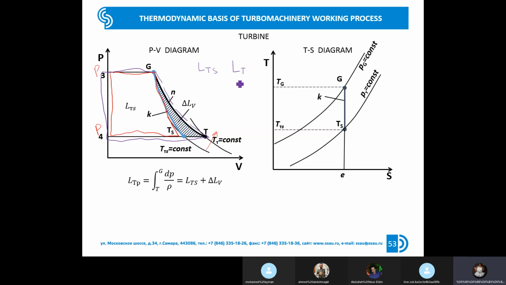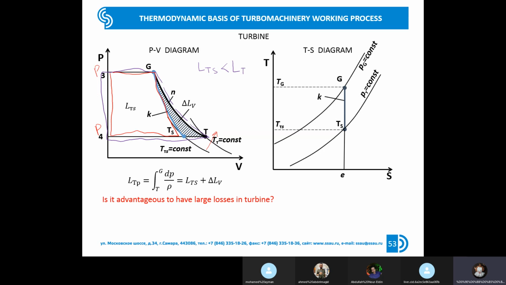So we receive more work from the turbine than in the ideal case. It means the efficiency is more than 100%.